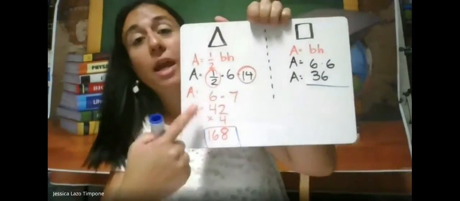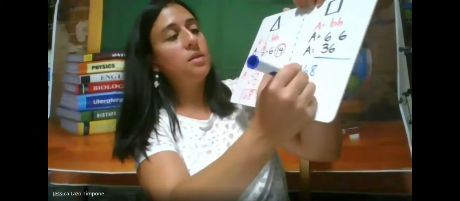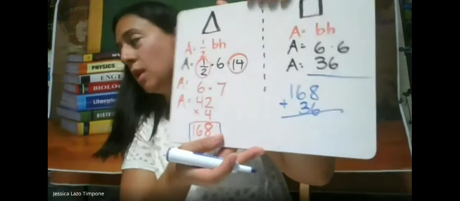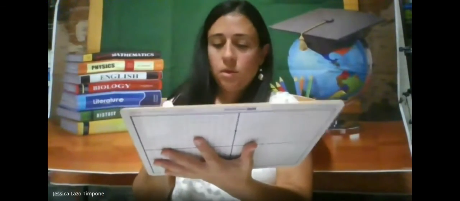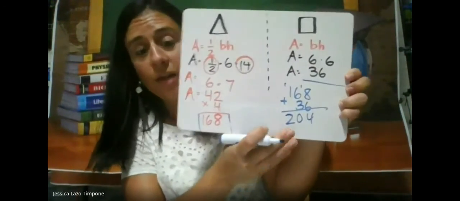Because this is the area of my triangles, that's the area of my square. So 168 plus 36. And that's going to be 204.